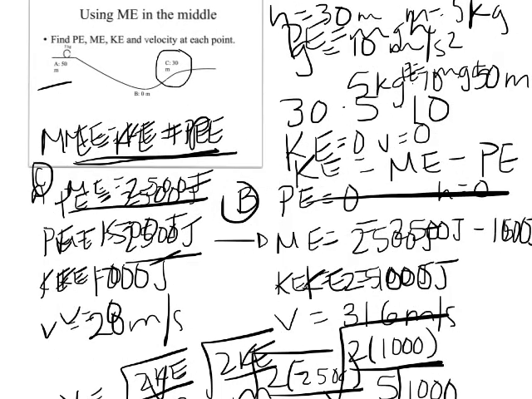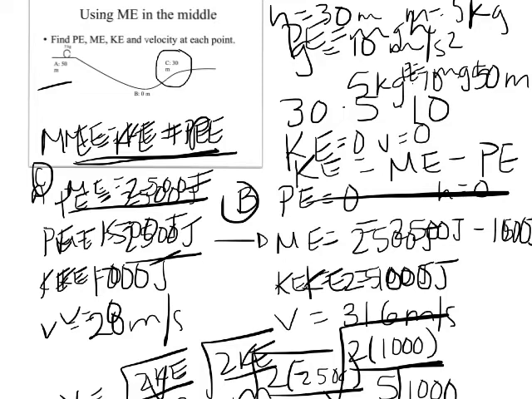Okay, so for part C, we carried over our mechanical advantage being 2,500. We were able to use the new height to solve for PE, and then from there you can subtract the PE to get KE, and then use KE to solve for velocity.